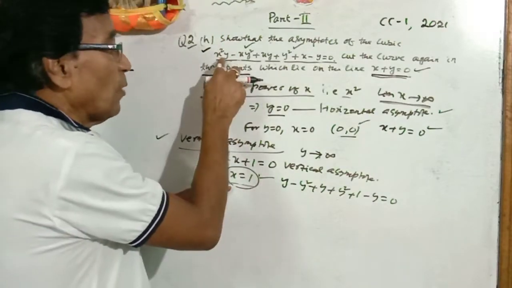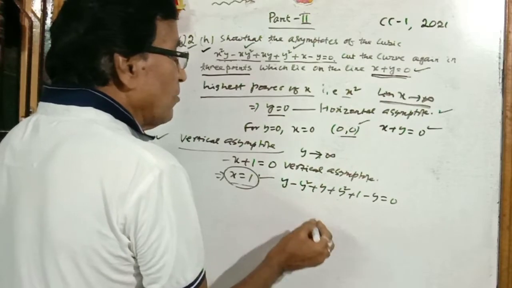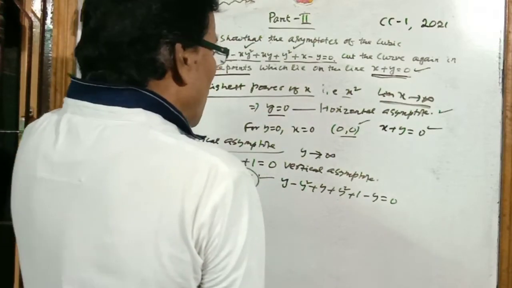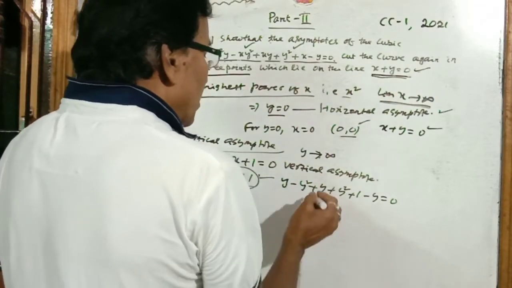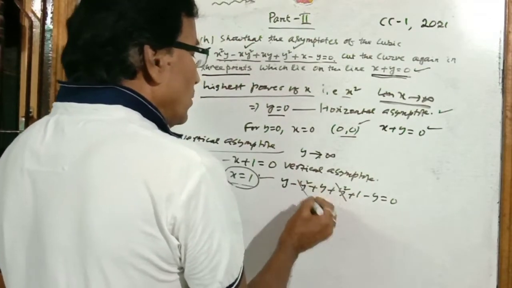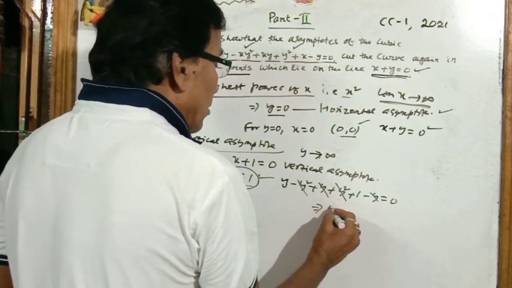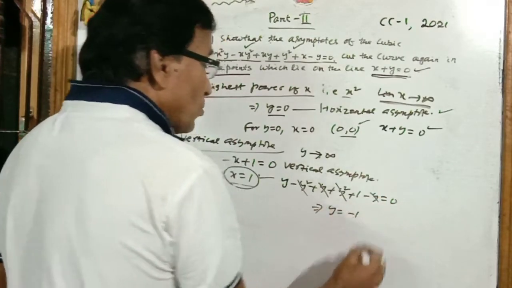Putting x is equal to 1 in this equation, we are getting this thing. So here you see, y square cancelled out, y cancelled out. That means you are getting that y is equal to minus 1.